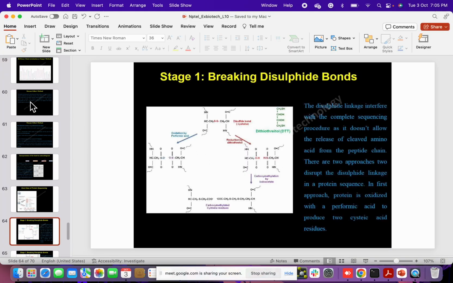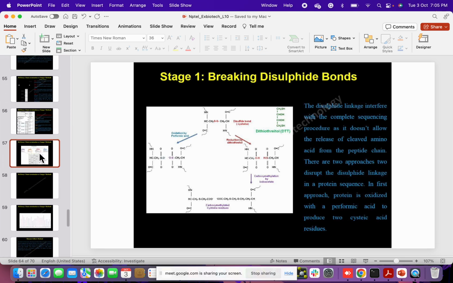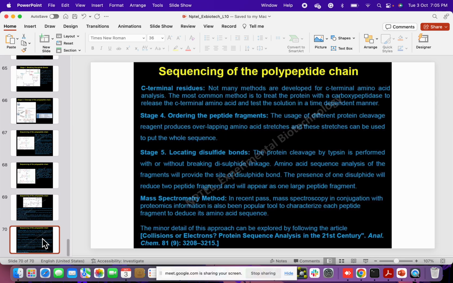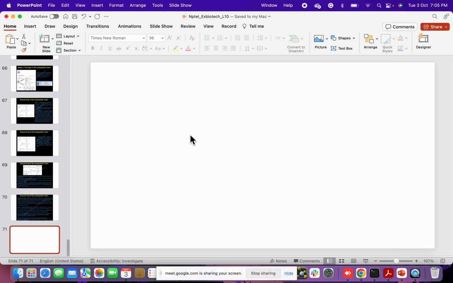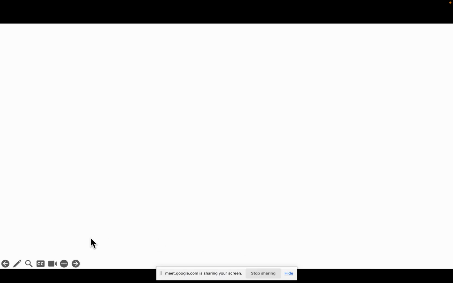You have one strand of DNA. So you have a single strand. All bases are here. So you are giving one probe which has complementary bases.